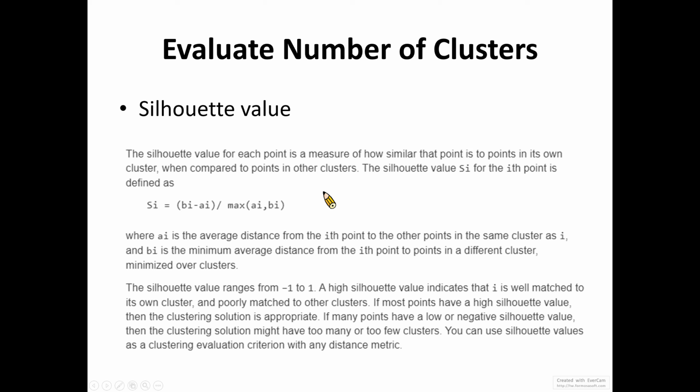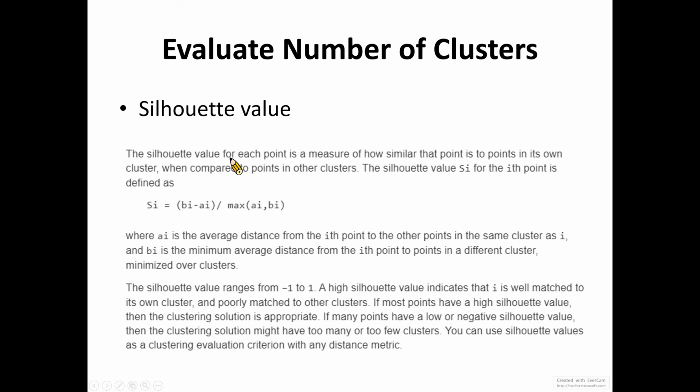But in statistics, we do have some measures that can help us quantify the reasonableness of this clustering. One of the metrics is the silhouette value. This is a very difficult word to pronounce. It's pronounced silhouette value.